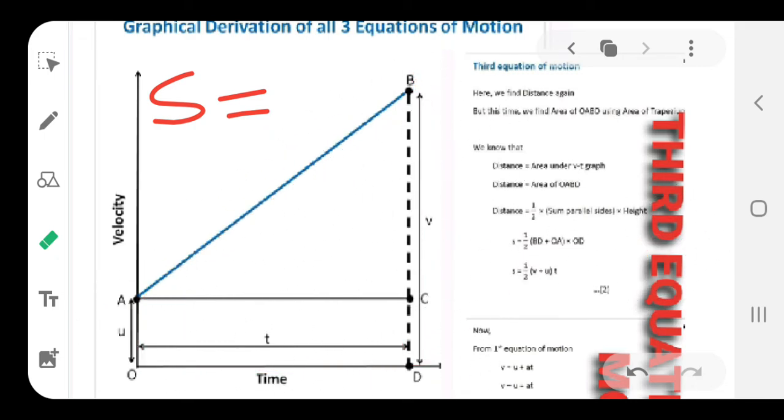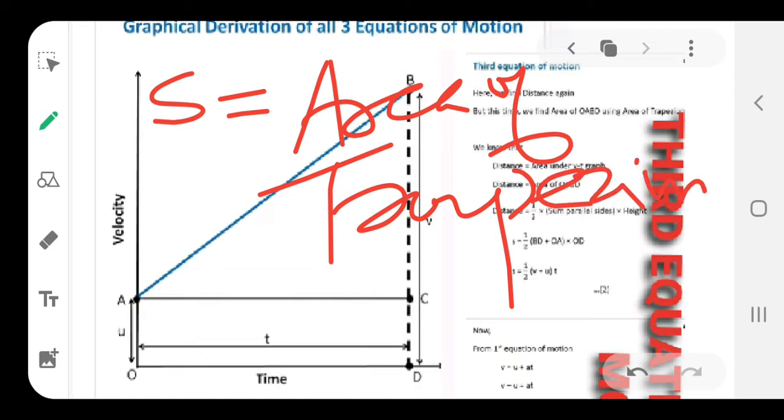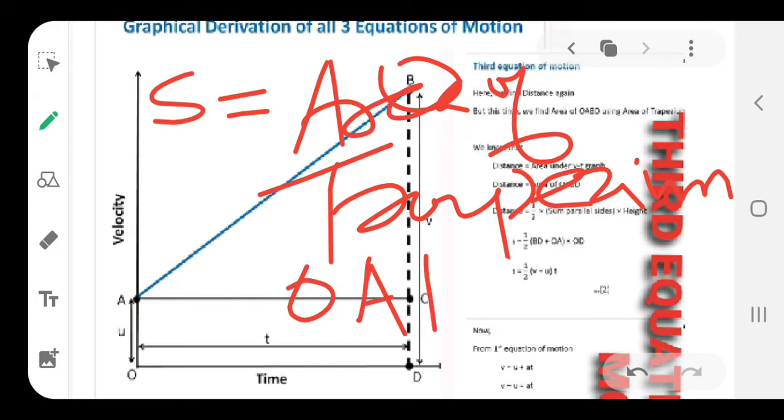In this case, I can say the area under this graph can be shown by the area of trapezium. For us, the trapezium is O, A, B, C, D. So write down this term. The name of the trapezium is O, A, B, C, D.